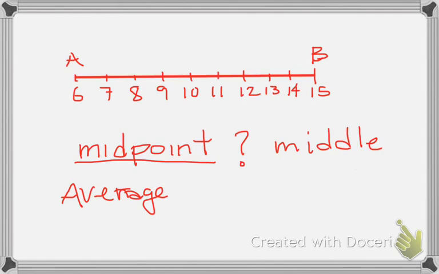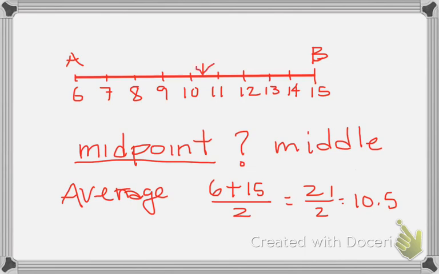So if we were to average the coordinates of point A and B, then we would have 6 plus 15 divided by 2. 6 plus 15 is 21. 21 divided by 2 is about 10 and a half. So that means at 10 and a half, which is right about here, that would be the midpoint.